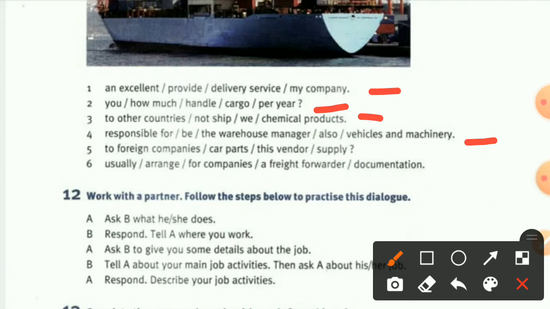Go ahead for the fourth: the responsible for, the warehouse manager, also vehicles and machinery. Then: to foreign companies, car parts, this vendor, supply. And the last: usually, arrange for companies, a freight forwarder, documentation.